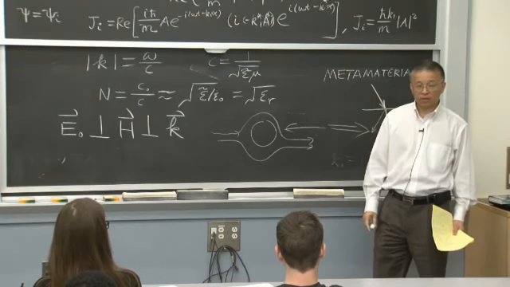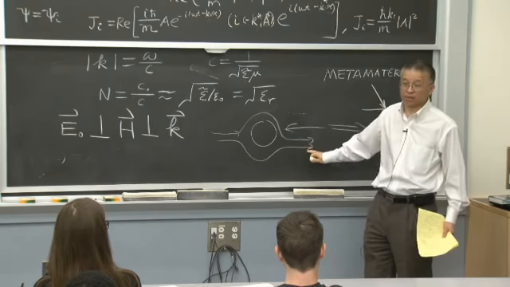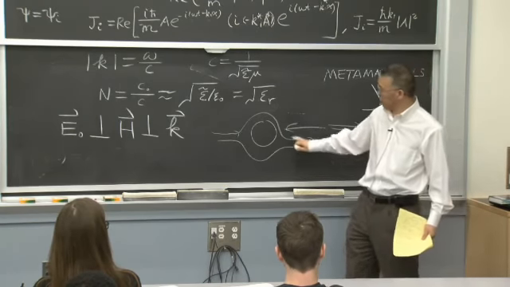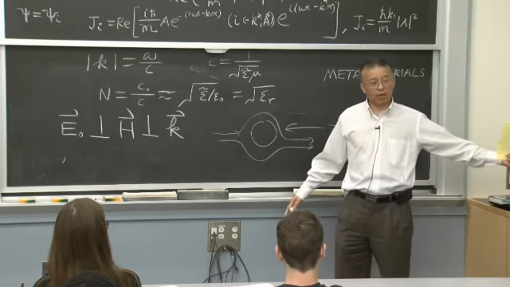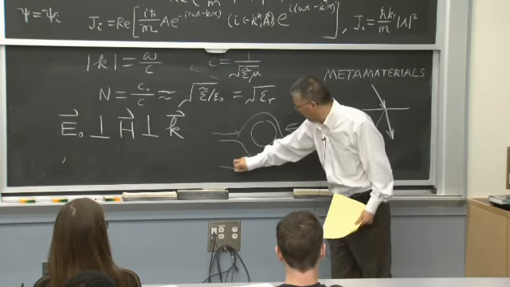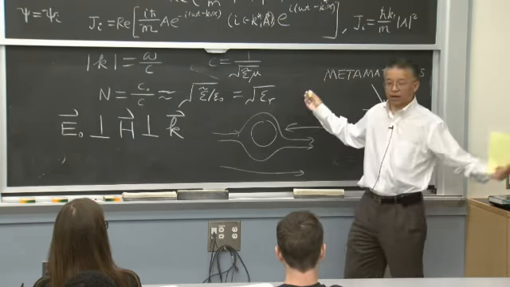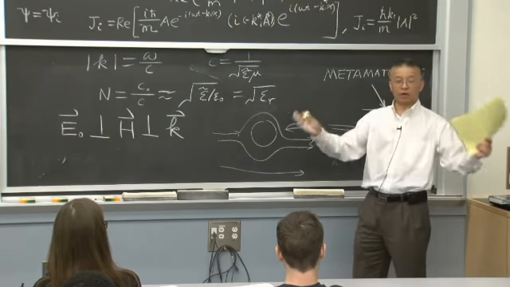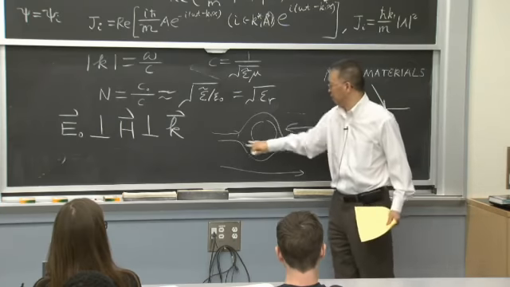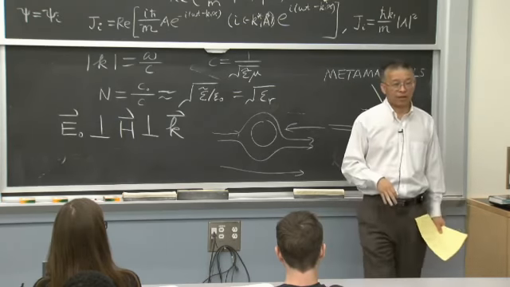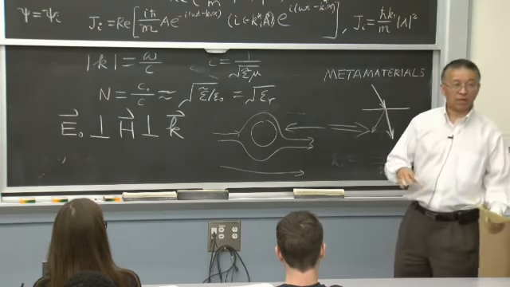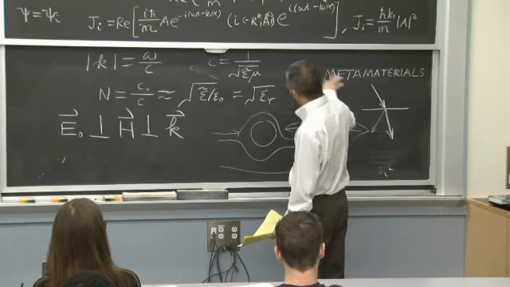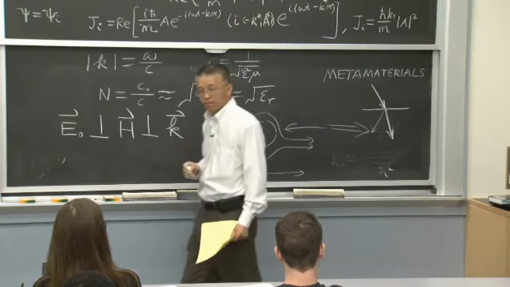So what the Maxwell solution like this means is even if you have an object here, if you're far away, there's no scattered light, right? So what do you see? The light goes around, but you look at it, it's just like the object doesn't exist. That's some of the strange effect of those metamaterials.